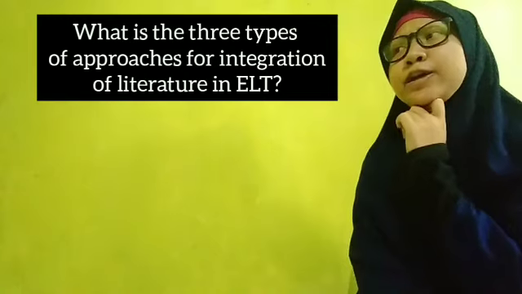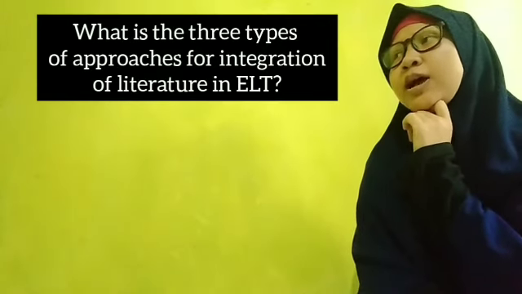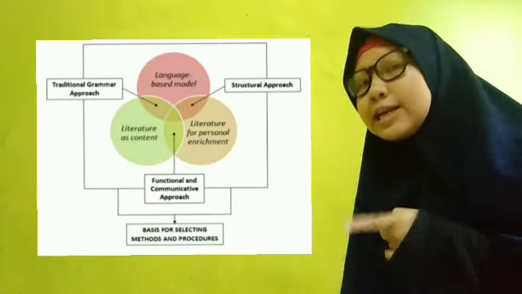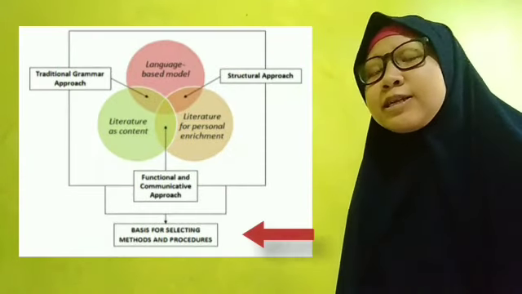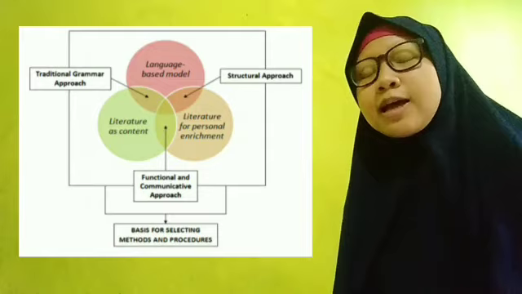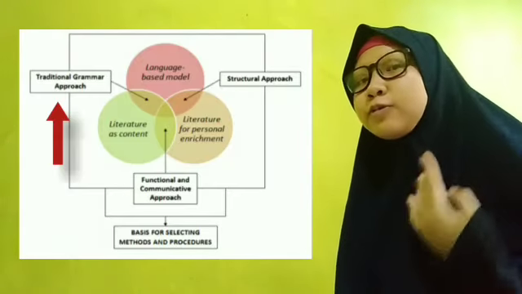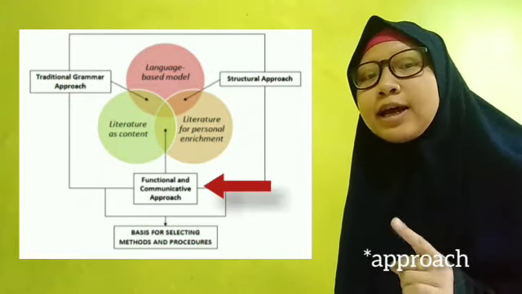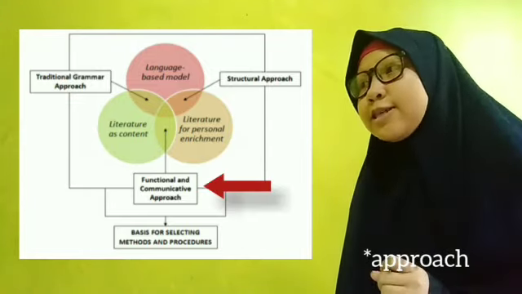What are the three types of approaches for integration of literature in ELT? To answer this question, let's take a look at the following figure. In this figure, the basis for selecting methods and procedures consists of three approaches, namely traditional grammar approaches, structural approaches, and functional and communicative approaches.